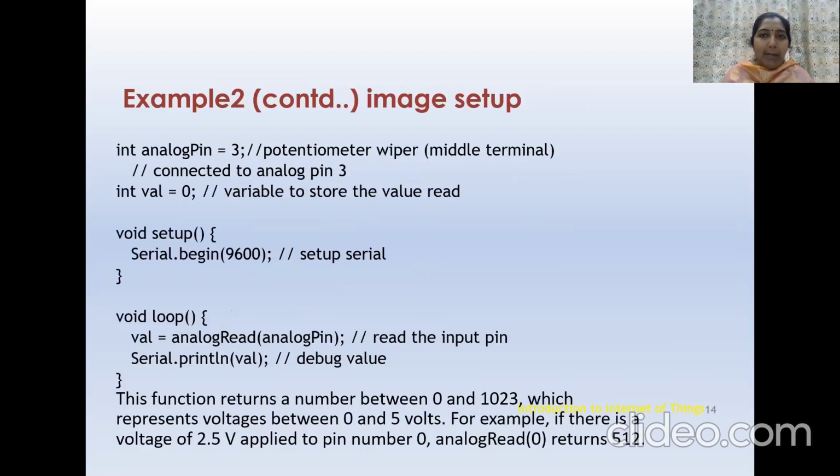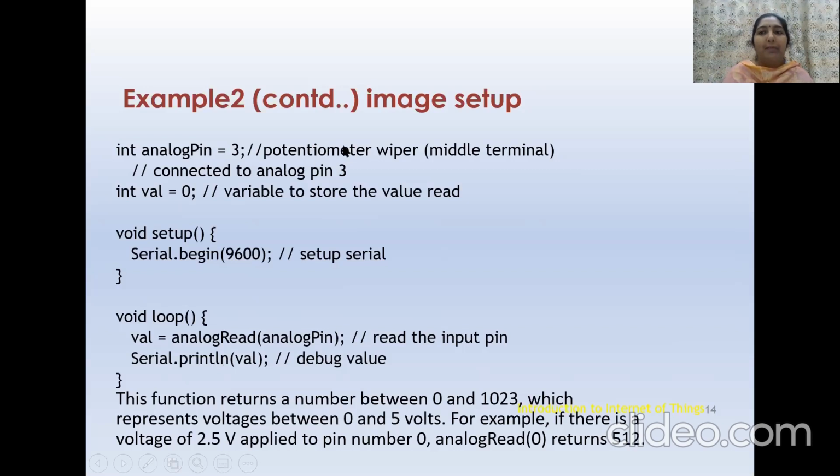The next example is using analog read. Whenever you are using analog read, we know that it can be used for input devices. Here we are using one input device called a potentiometer.